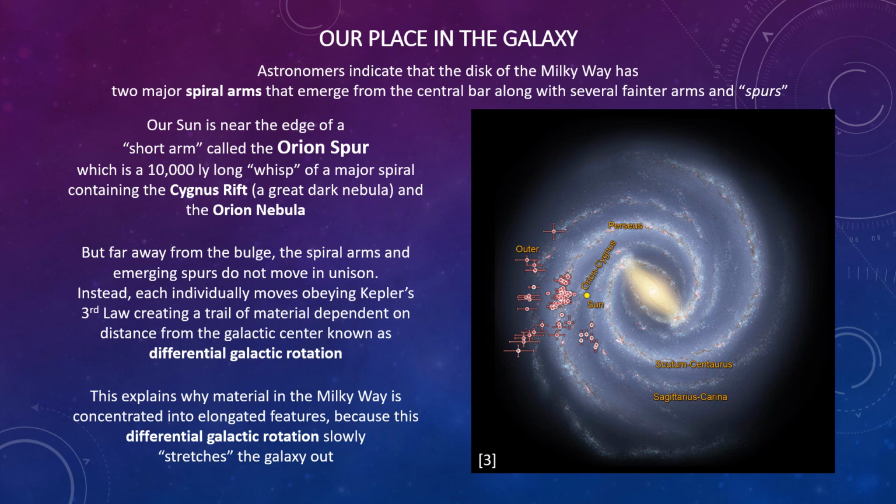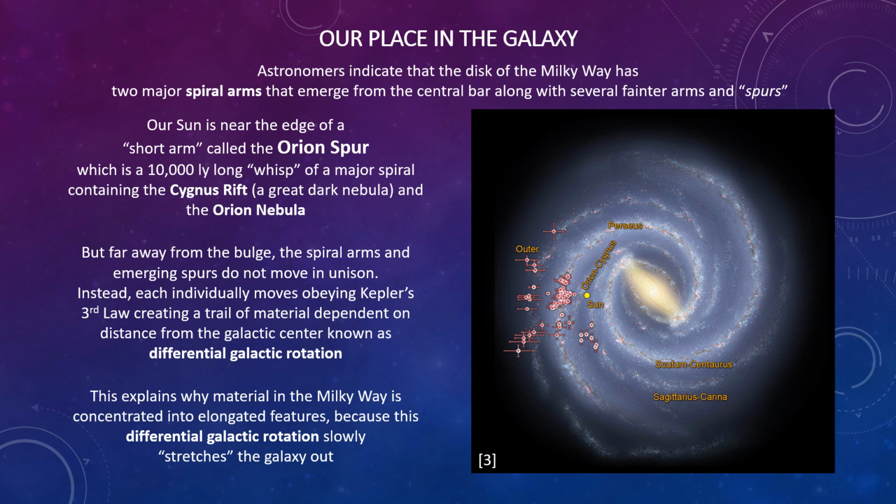But far away from the bulge, spiral arms and these emerging spurs don't actually move in unison. Instead, each arm and spur and star in it obeys Kepler's third law, which creates a trail of material dependent on the distance from the galactic center, creating different speeds of rotation depending on what radius you are from the center.